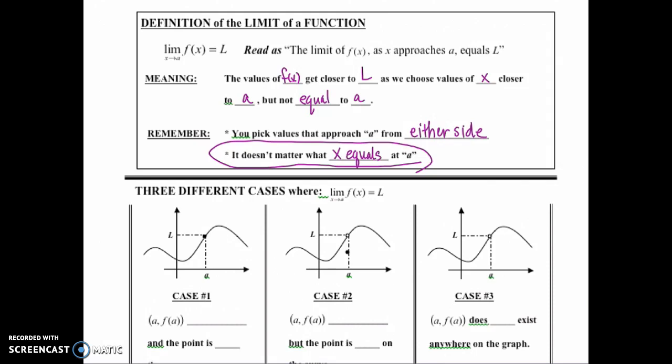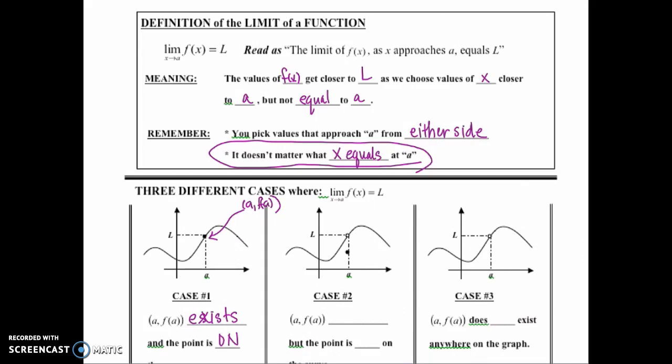In the first case, we have a curve, and the point a, f of a exists. As you can see, that point is on the curve. So we would say that the limit as x approaches a of f of x equals the value L, because that's what our point is right there, right on the curve.